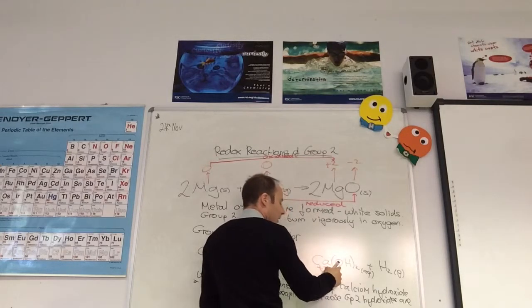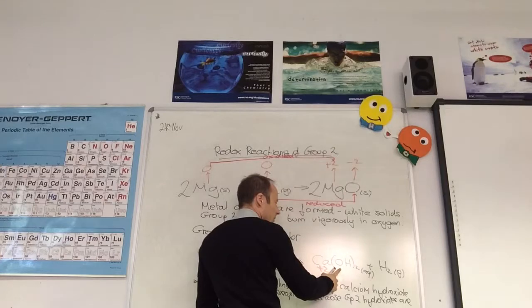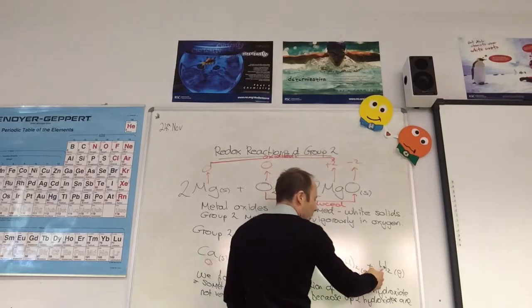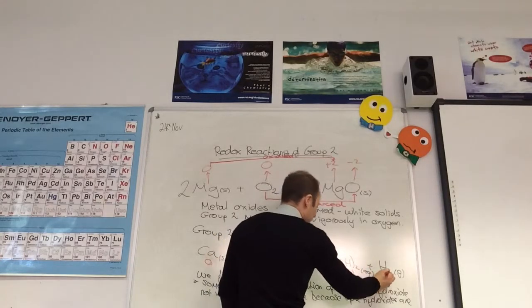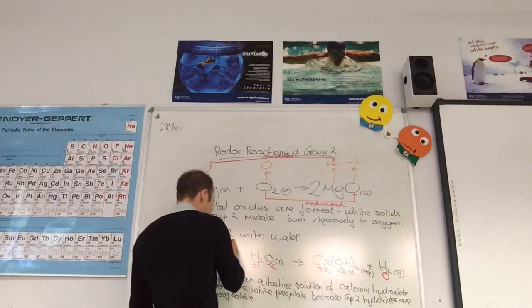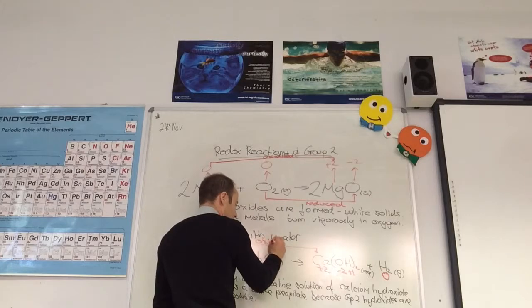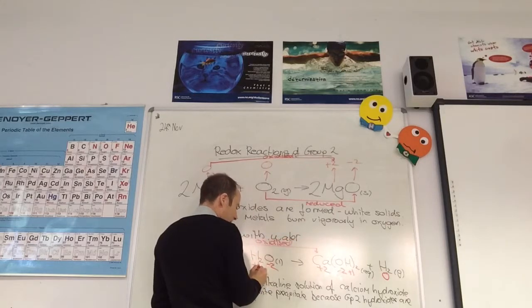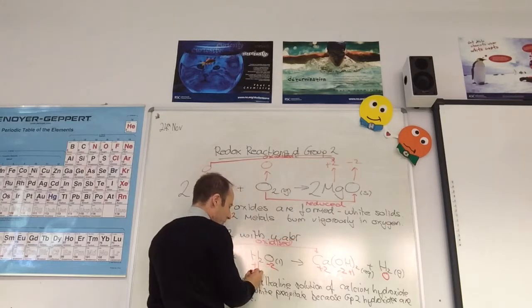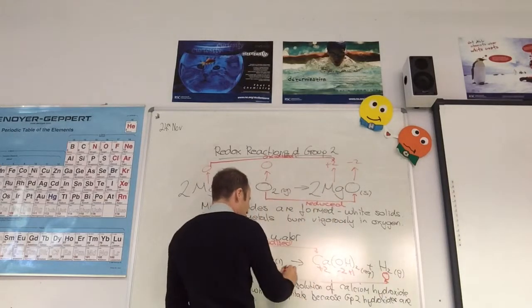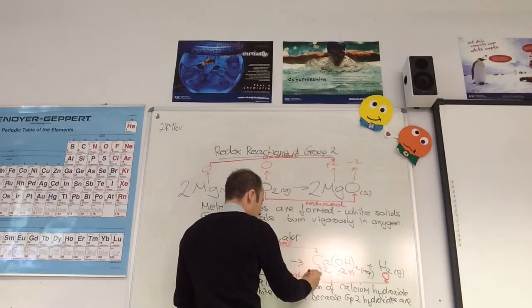Oxygen in hydroxide, -2. Hydrogen is going to be +1, and hydrogen gas is going to be 0. So calcium has gone from 0 to +2, so it has been oxidised, whereas these hydrogens have gone from +1 to 0, so they have been reduced.